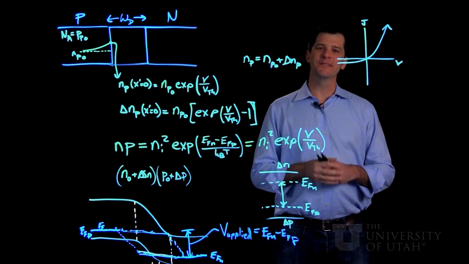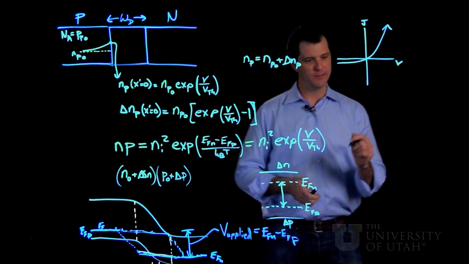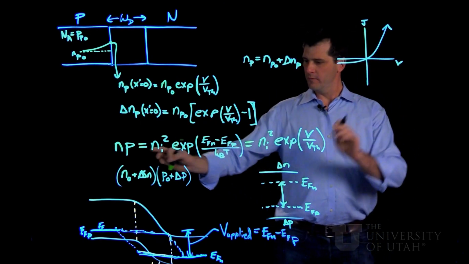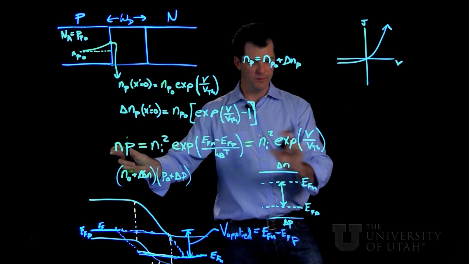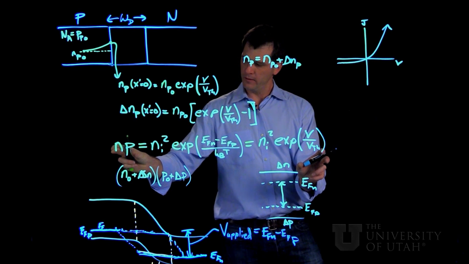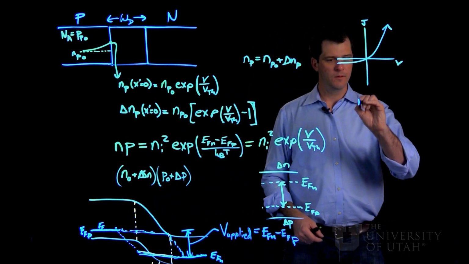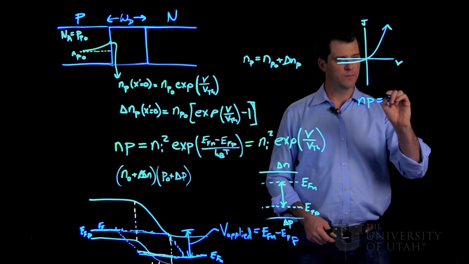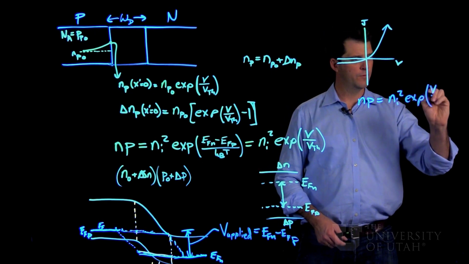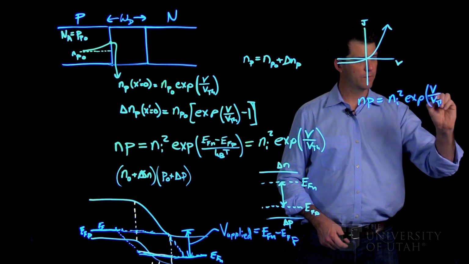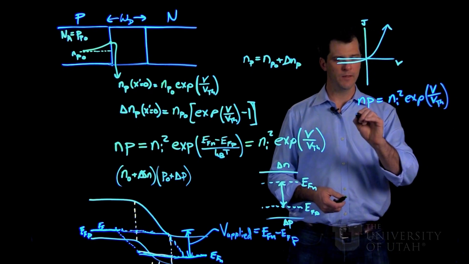Okay, now we're in a position to discuss what happens under high injection. So let's define our high injection conditions first. So looking at this expression, when quasi-Fermi levels are split, the np product is modified to this form here. So we have np equals ni squared exponential to the voltage applied over V thermal, because we're splitting the quasi-Fermi levels by the application of an external bias.